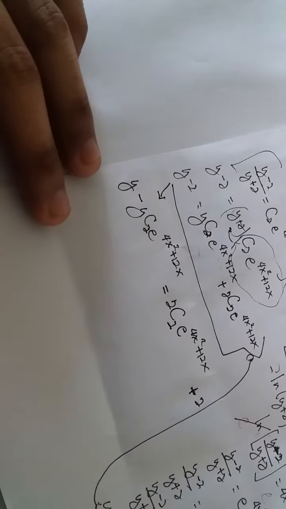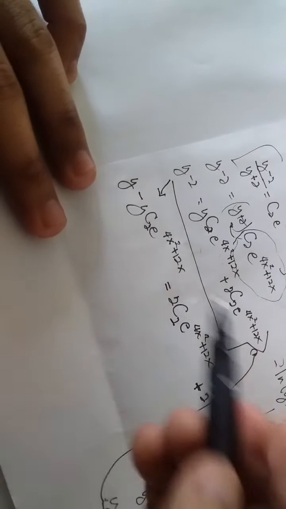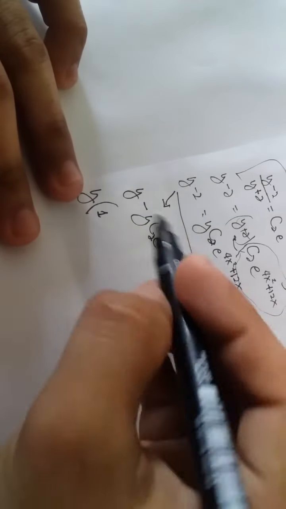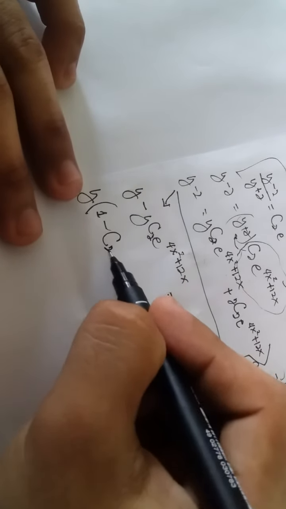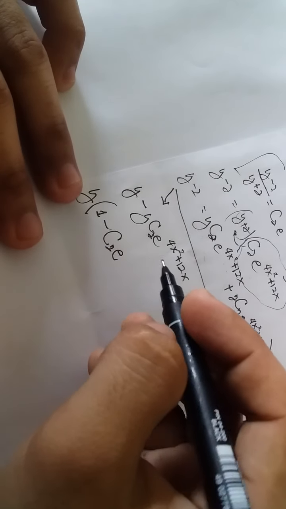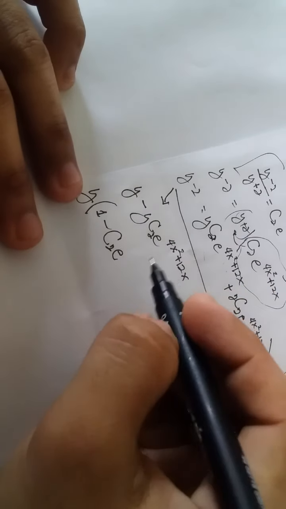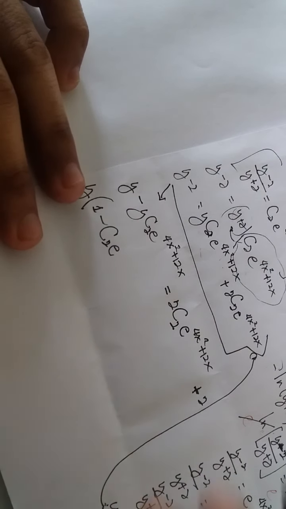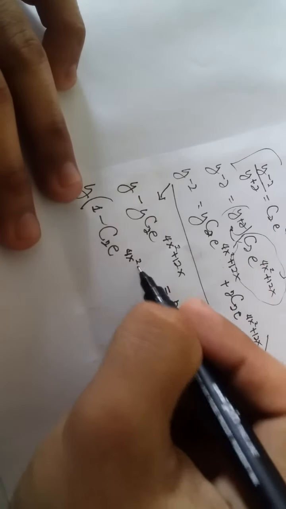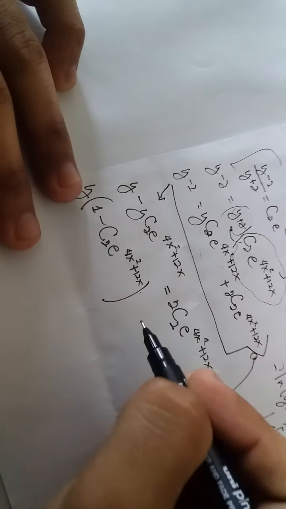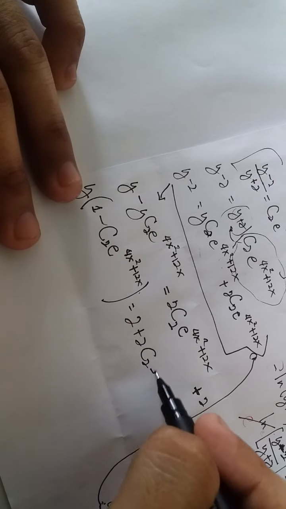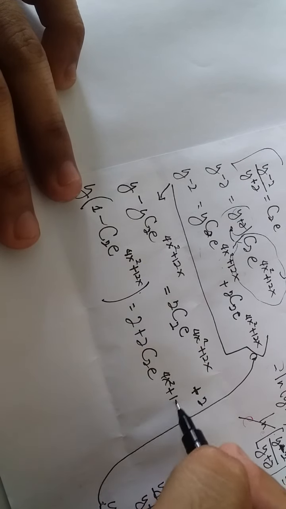Okay, so we can factor out y in our left hand side. So this can be written as y times 1 minus c sub 2 e to the power of 4x squared plus 12x, equal to 2 plus 2 c sub 2 e to the power of 4x squared plus 12x.